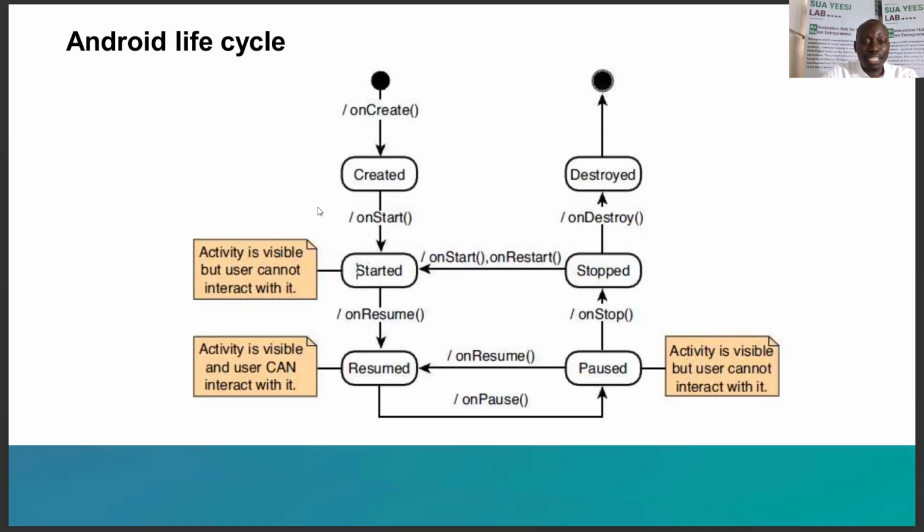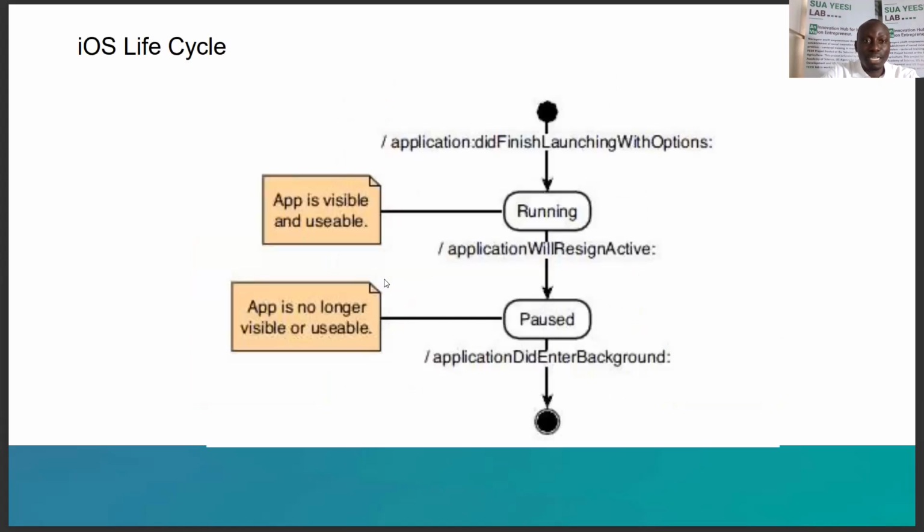You have onCreate, created, then started, and when it is started, you can resume your mobile app, you can stop or pause it, and you can even destroy the mobile app on your smartphone. The activity is visible and the user can interact with it once you have started or resumed your mobile app.